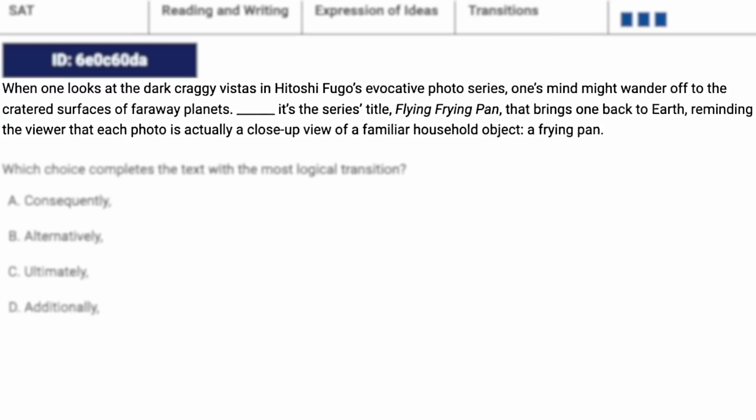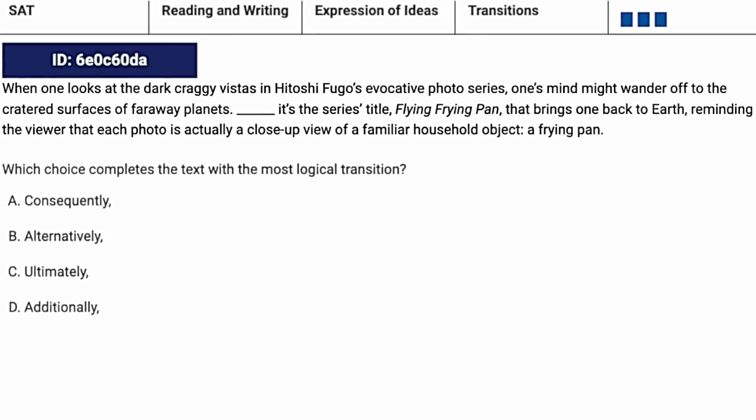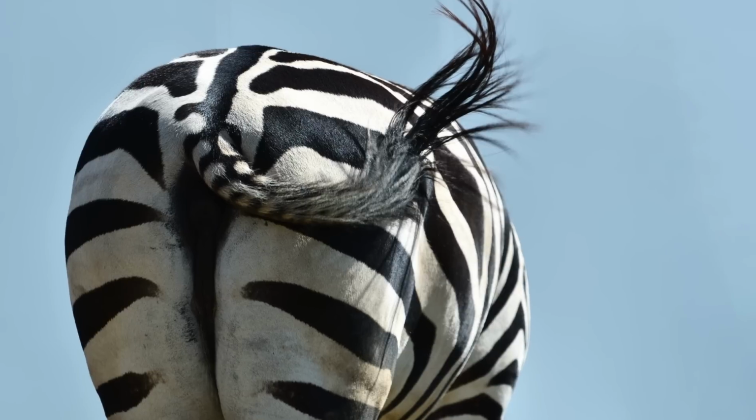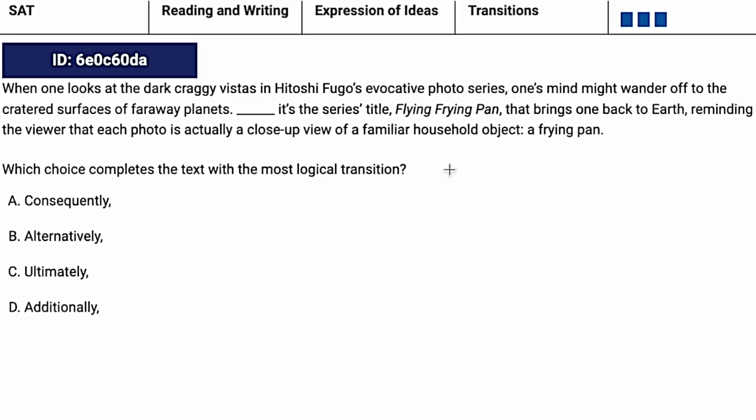Okay, so I'm already seeing a connection here. The first sentence talks about our minds wandering off to faraway planets. The title brings us back to Earth. And hear what I just said. I said but. So I'm looking for a transition word similar to but.